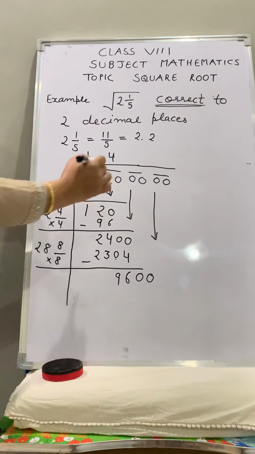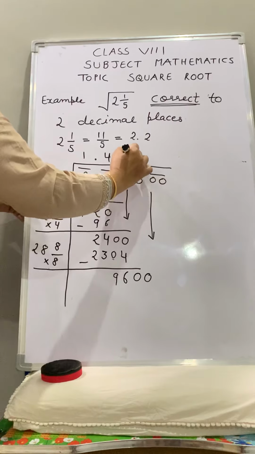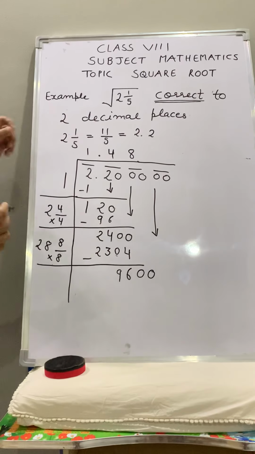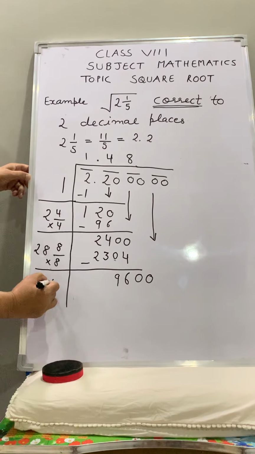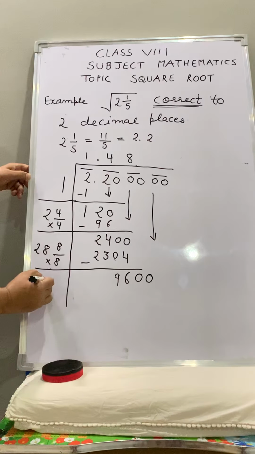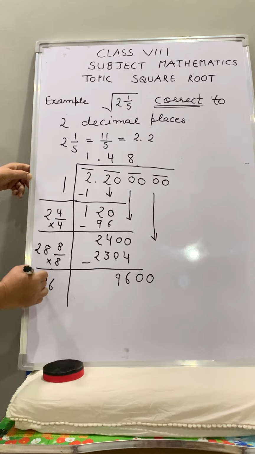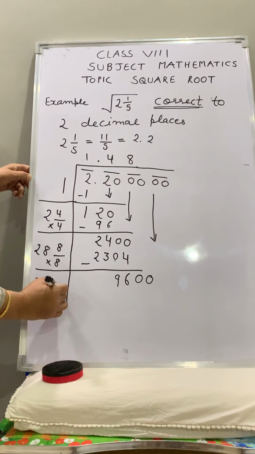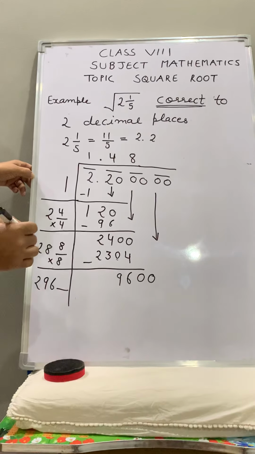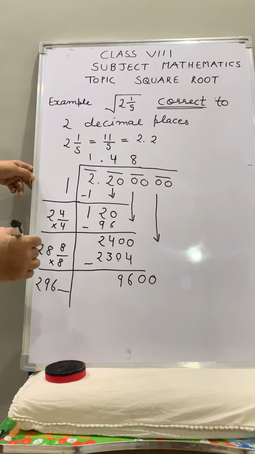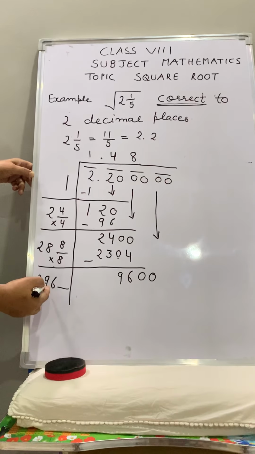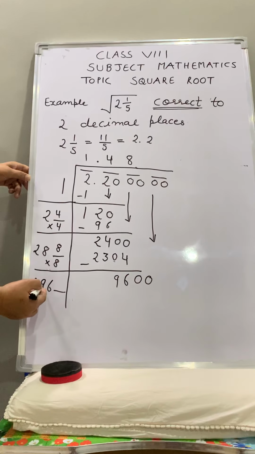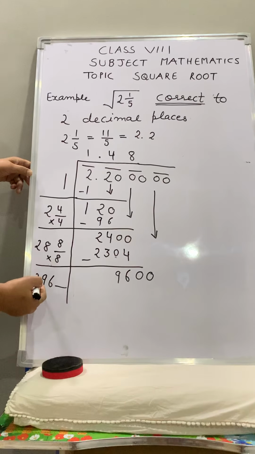What will we write? Double of 148. 2 8s are 16, 1. 2 4s are 8 and 1, 9, and 2 1s are 2 and 1 filled up. What will we write here? If we write here 4, 4 9s are 36, 3 will be carry, then 4 2s are 8 and 3, 11.